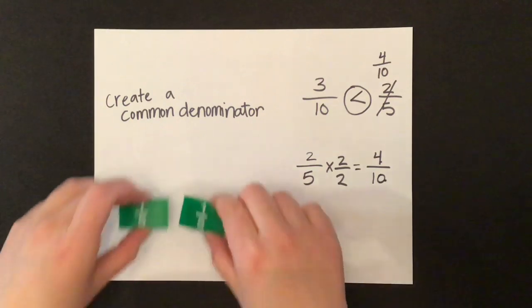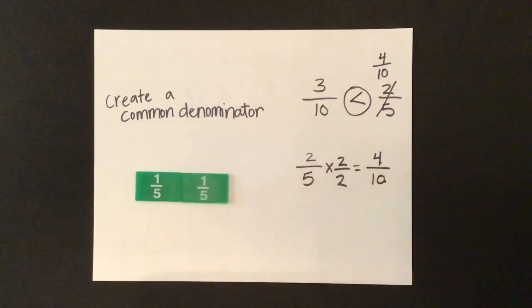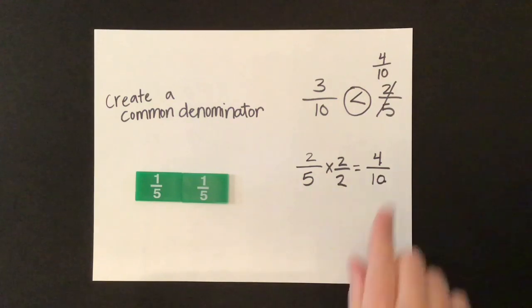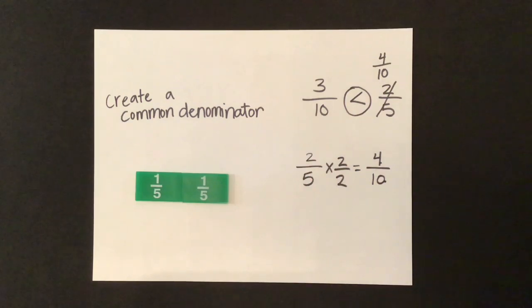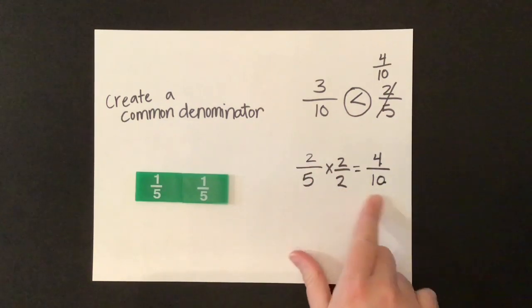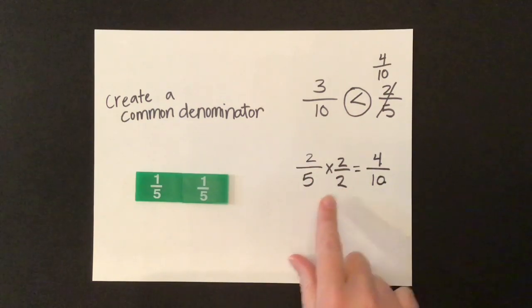Let's look at the fraction bars. So we had 2/5, and we noticed that 5 times 2 equals 10, which would be perfect for finding an equivalent fraction.